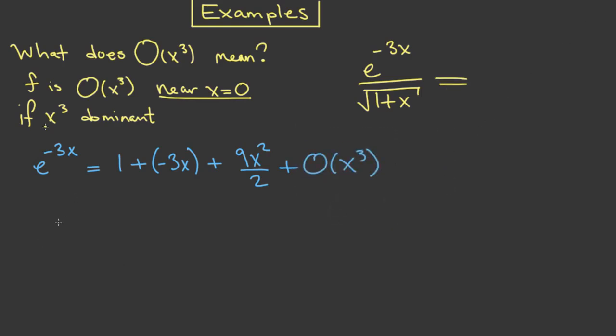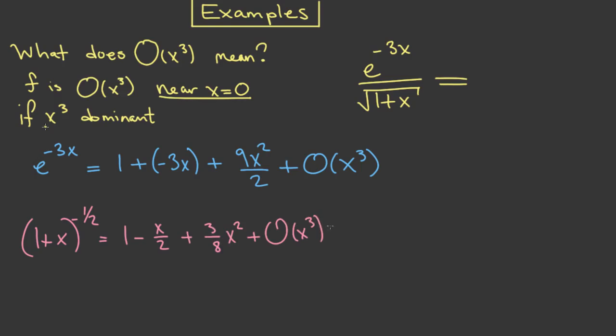Then I know that 1 plus x to the negative 1/2, that is given by 1 minus x over 2 plus 3/8 x squared plus big O of x cubed. So to find the approximation, I'm just going to do some algebra, and I'm going to multiply this out.